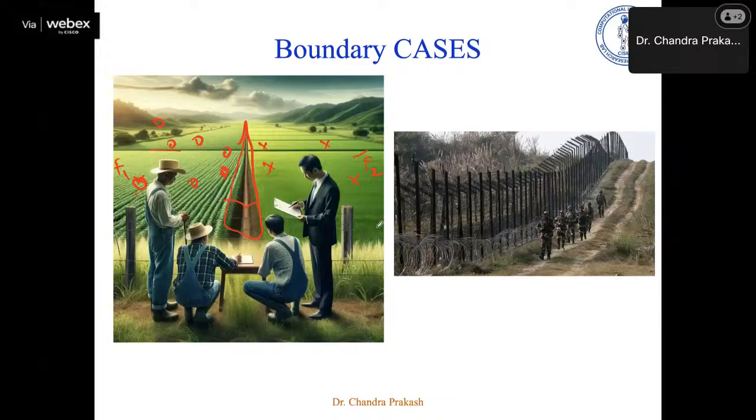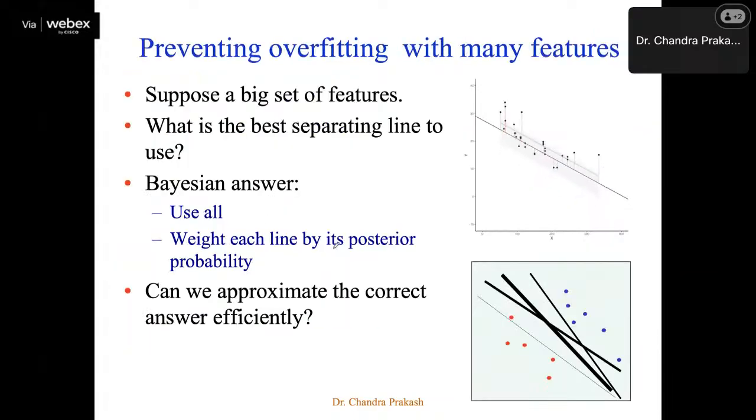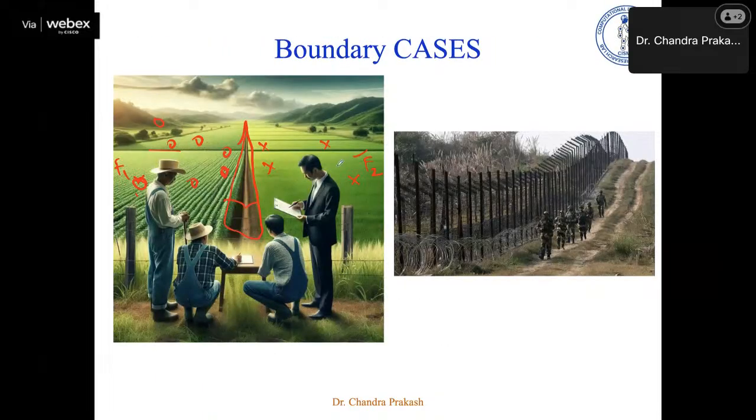We give weightage to all these points, and then try to weight each line by its posterior probability. But in these cases, I have to consider a lot of such points, where I know that this point belongs to class 2 or this point belongs to class 1, like that.